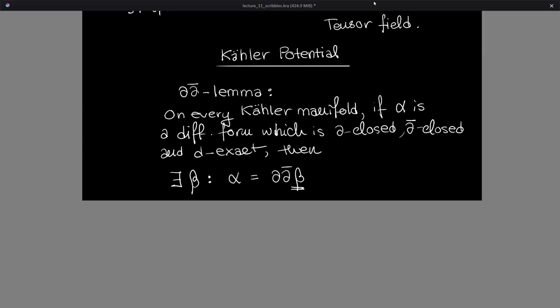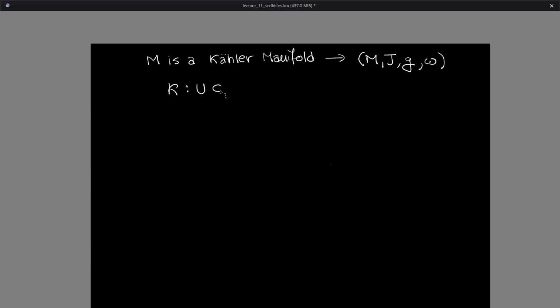Now let's move on. So we can now define the Kähler potential. We're going to say that M is a Kähler manifold, so we have this quadruple M, J, G, omega. Then there will be a function K that is locally defined on U, a subset of M, that is real valued.